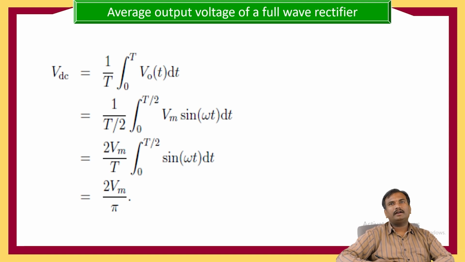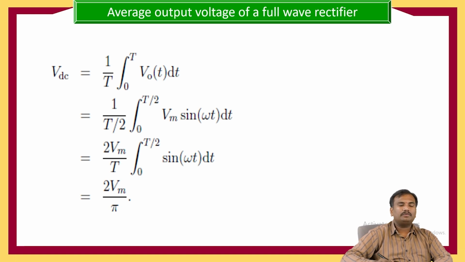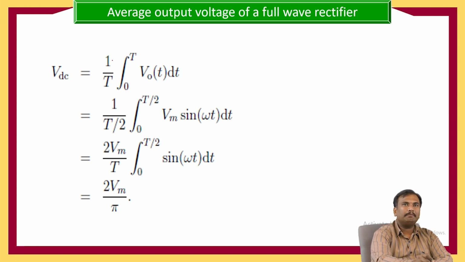Now let us go with the average value of output voltage. For calculating the average value of output voltage, we have to go with the calculation of the average output voltage by using the time period.